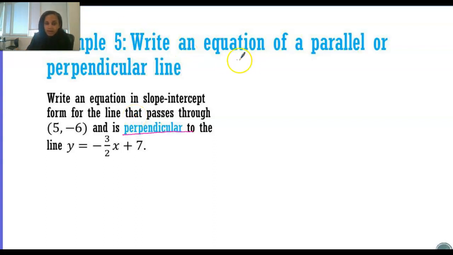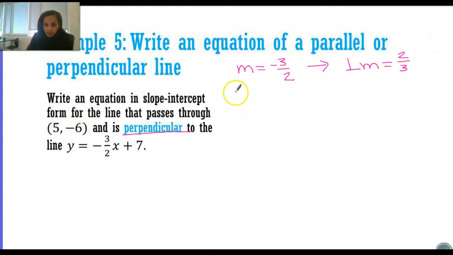Let's work it out. So if my original slope is -3/2, then my perpendicular slope, hopefully you remember that the upside down t represents perpendicular, means I change this from negative to positive, and then I flip it. So positive 2/3.